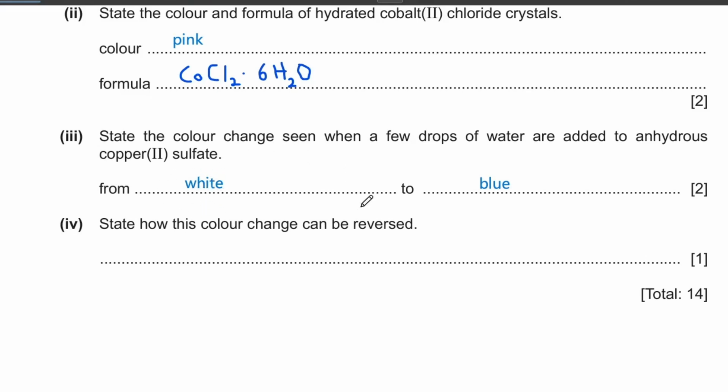When water is added, it becomes hydrated copper 2 sulfate and the color changes to blue. State how this color change can be reversed. The simple answer is by heating, because you added water. So when you heat, the water will go and it will change color, because what makes it blue is the addition of the water. So when you heat it, water evaporates and then it becomes anhydrous again.